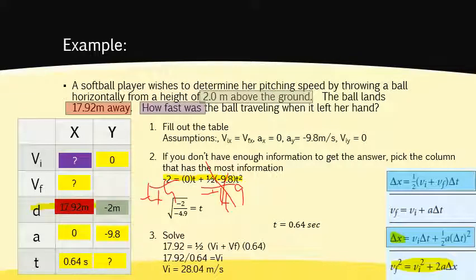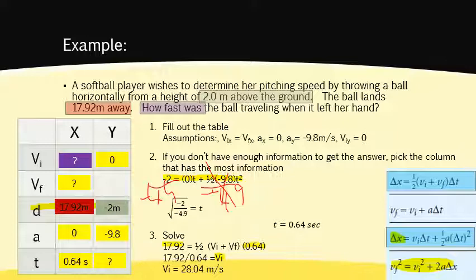And we put that in as 17.92. And then 1/2 (vi plus vf), and then the time that we found, 0.64. Now we have to realize that vi plus vf, since vi and vf are the same thing, will be the same thing as saying 2 vi, because it's the same number plus the same number. And so 2 times 1/2 is just 1, so we're left with just vi on this side.